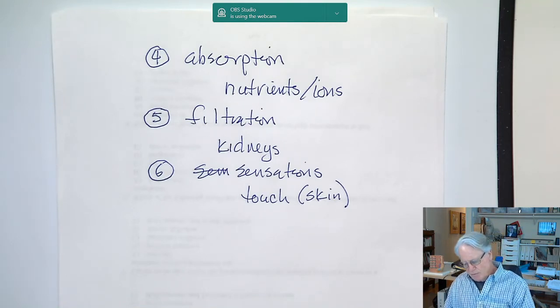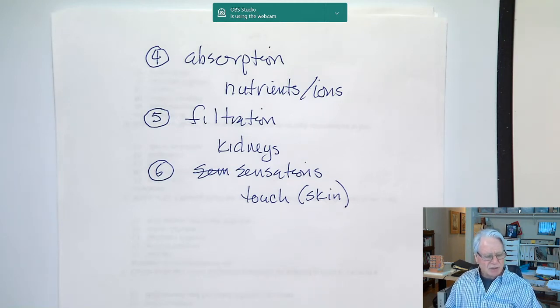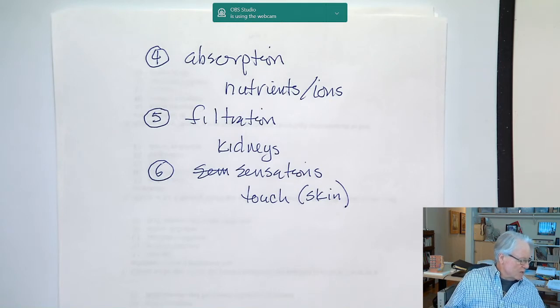Also, when we combine nervous tissue with epithelial tissue, we get our special senses, such as sight, hearing, smell, taste, all those special senses that you can name. Those come out of a combination of epithelial tissue and nervous tissue. All right, so those are the functions.